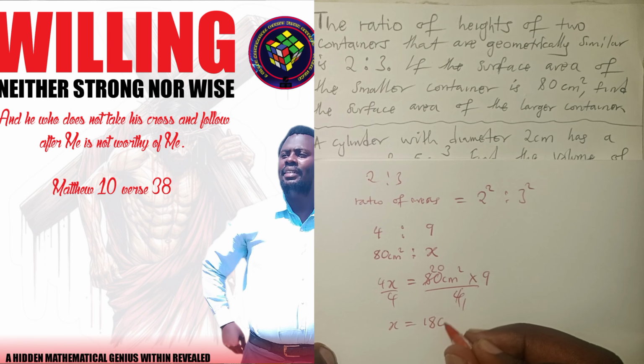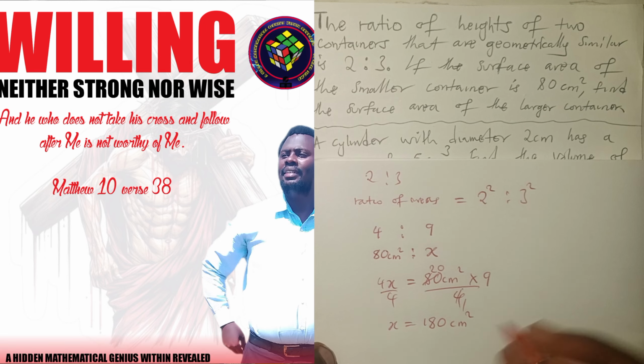So we have 180 square centimeters. So that is the surface area for the larger container. So what you should remember is that to calculate for area, you're supposed to have a ratio of areas, and the ratio of areas is just the square of the ratio of sides.